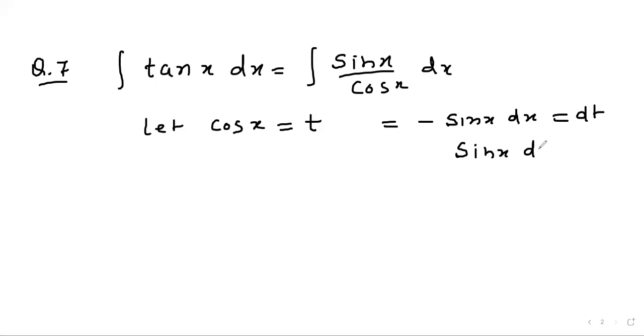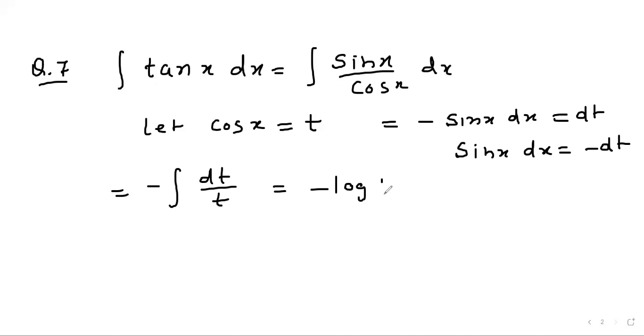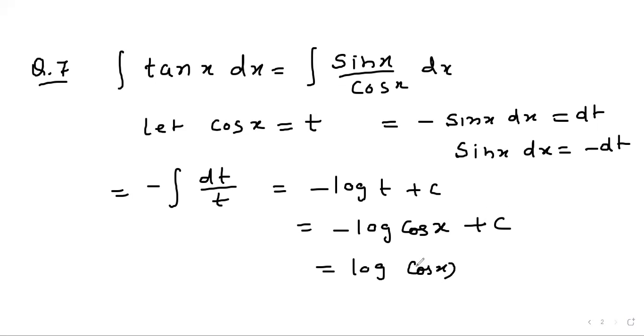So sine x dx equal to minus dt. So this will become minus integration dt upon t, which will be minus log t plus c, which will be equal to minus log cos x plus c, or we can write log cos x power minus 1 plus c, and cos x power minus 1 means 1 upon cos x, which is equal to sec x.